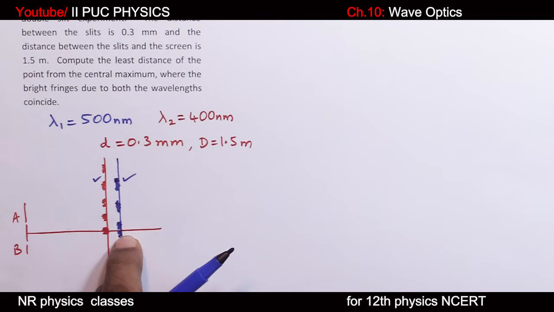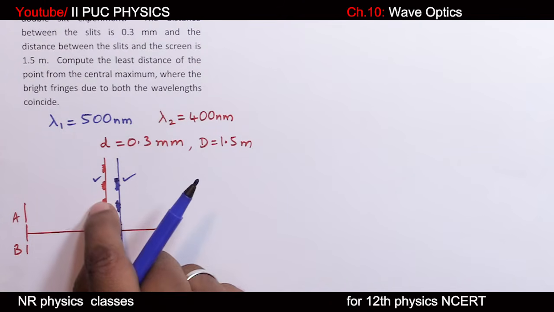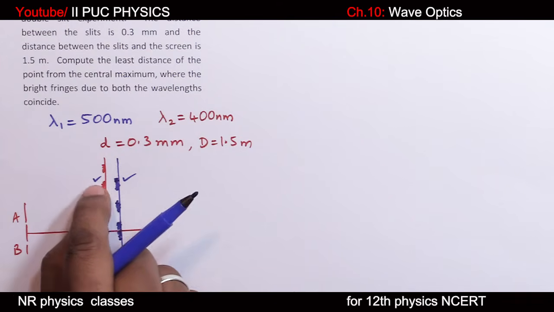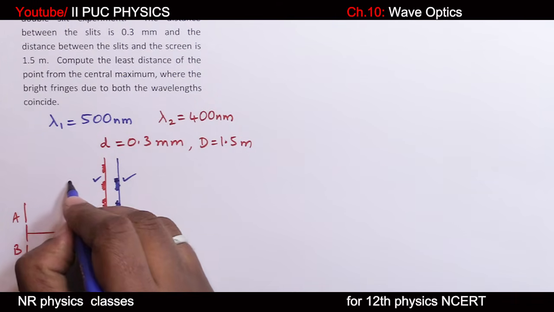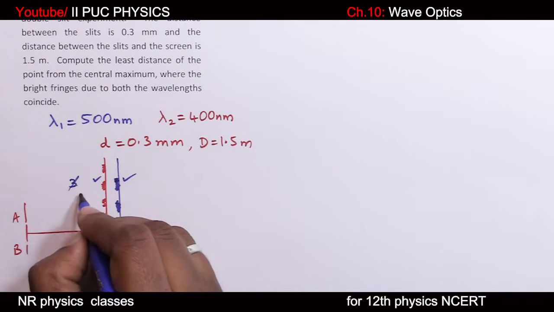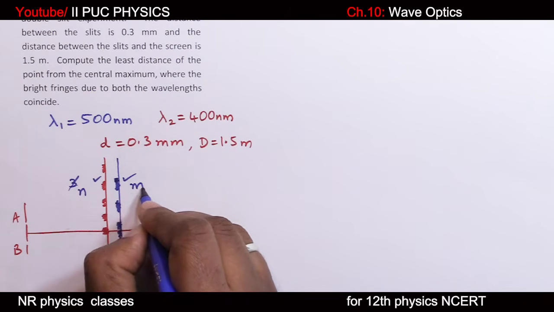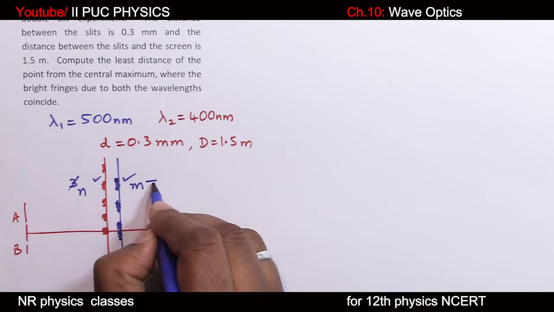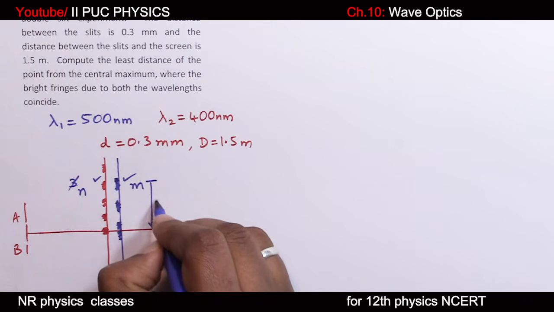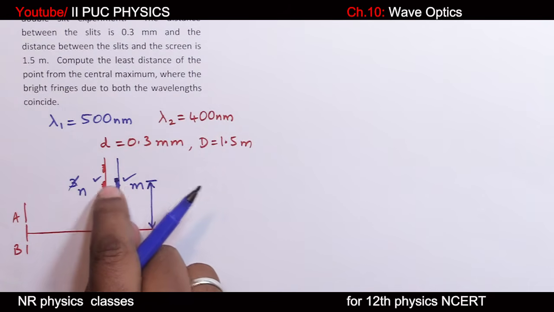Central should overlap on central, but first is not overlapping on the first, second is not overlapping on the second, but third is overlapping on the second. Instead of third, let me take this as nth bright, and this is mth bright. Okay, so they are asking us to find the least distance where bright fringes of the patterns overlap.